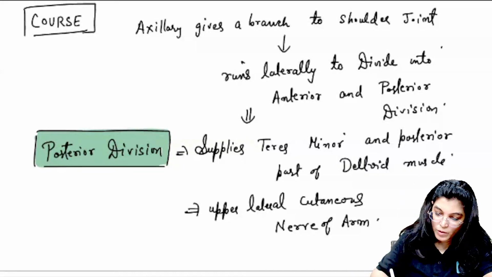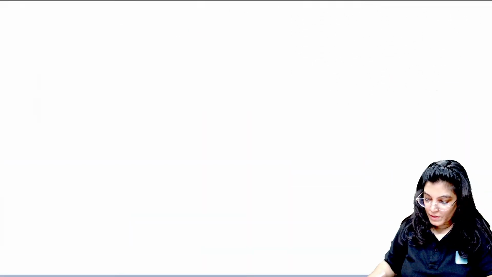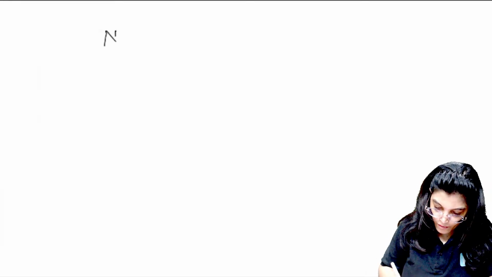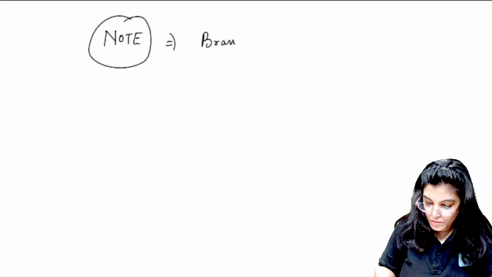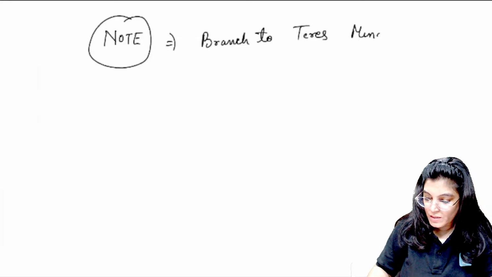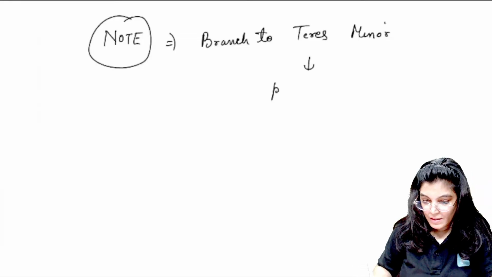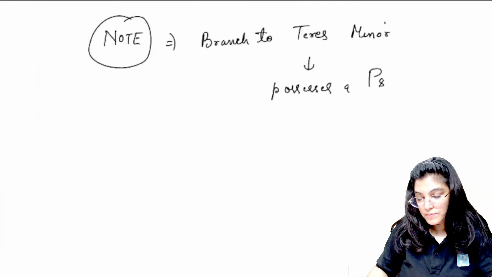This is an important note point, so please write it down: the branch to teres minor, which is from the posterior division, possesses a pseudoganglion.